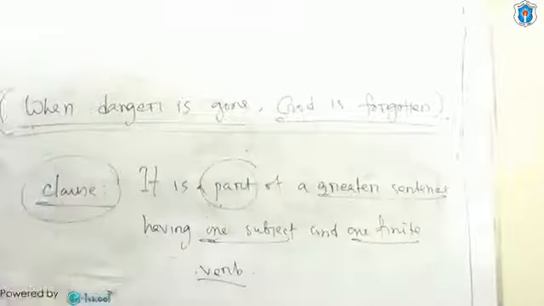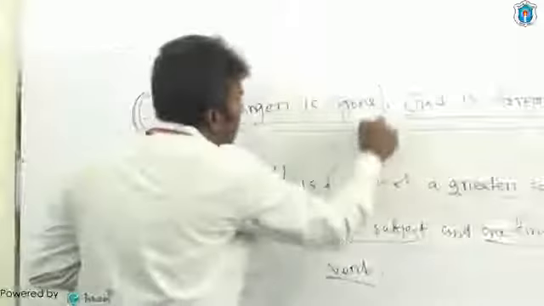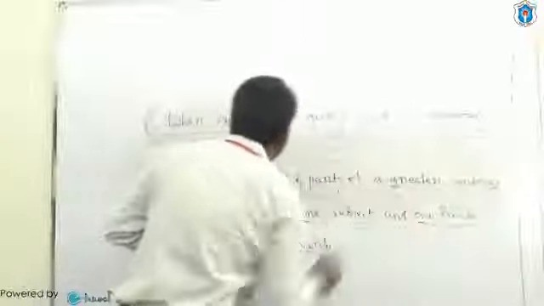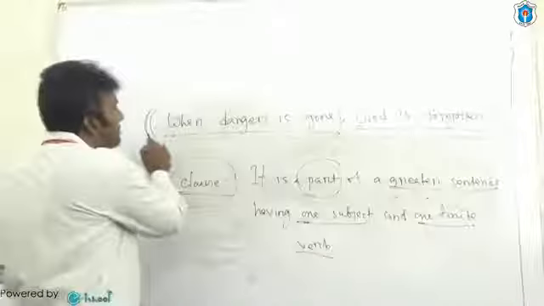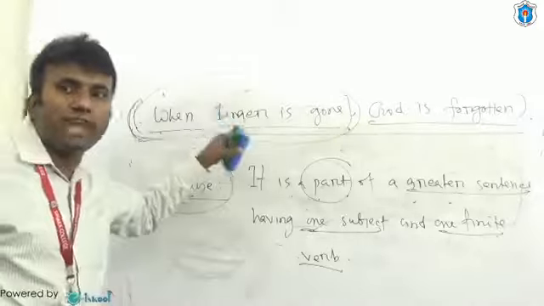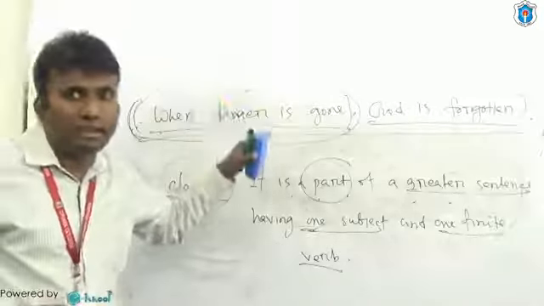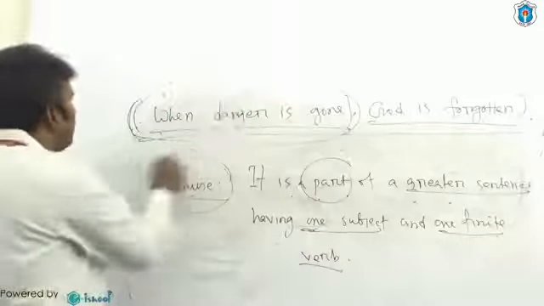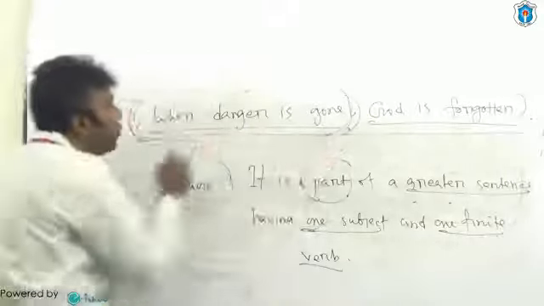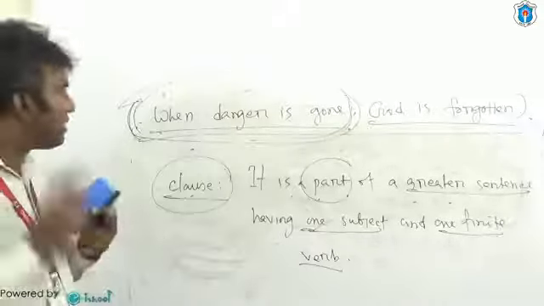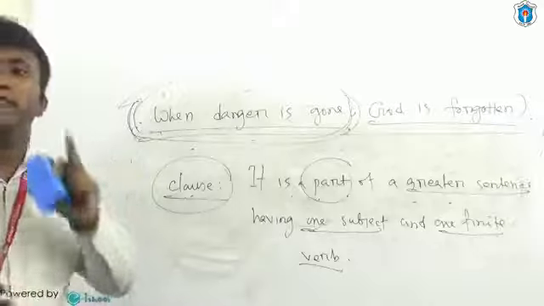Here, look at the first part. I have told you, clause is a part of a greater sentence. If this part contains one subject and one finite verb, we can call it a clause. Now we have to calculate whether there is a subject and a finite verb.